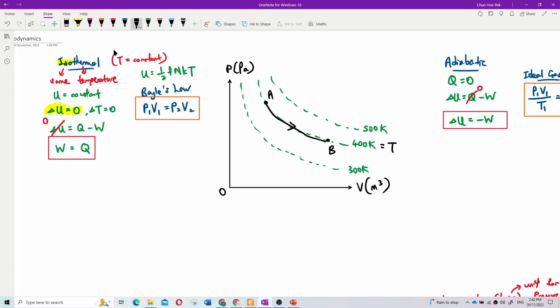And for the pressure, this is pressure 1 and this is pressure 2, and this is our volume 1 and this is our volume 2. Understand? Initial pressure, initial volume, final pressure, final volume.